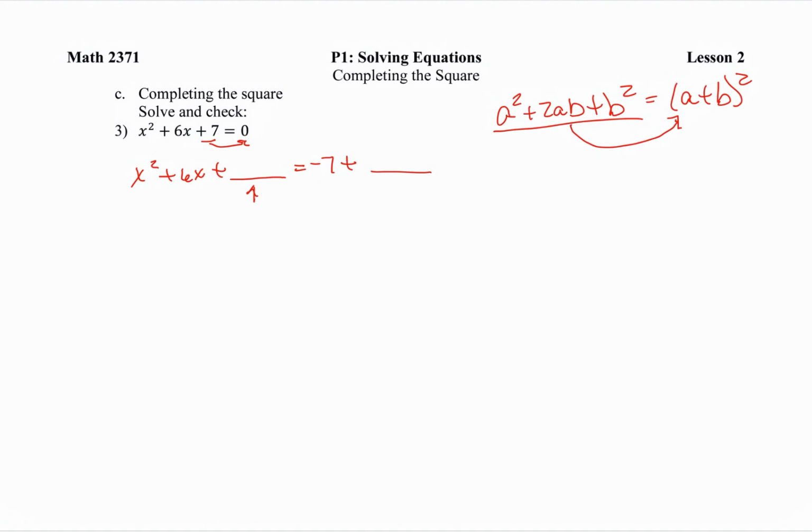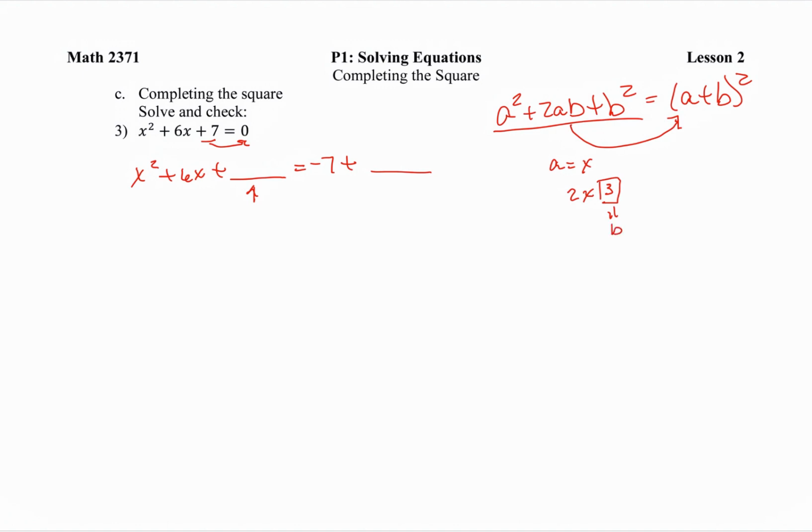Okay? Now, we know, or if we look, we can see that the a is x, and so then in the middle term we have the 2, the a is x, and that tells us that b has to be the 3. So this has to be b, right?